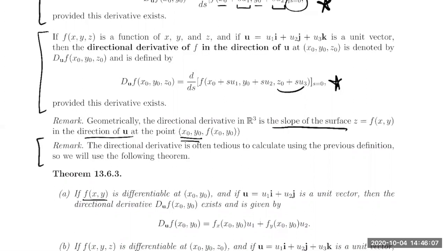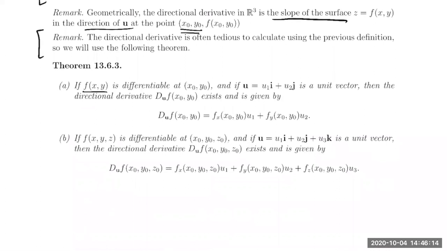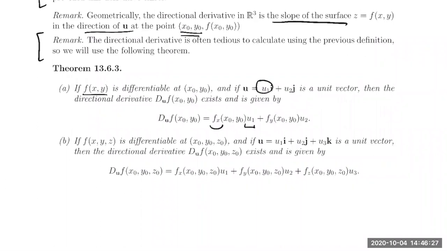All right, so this remark is just saying what I said earlier, that this previous definition is rather tedious, and so that brings us to this theorem. Theorem 3 says that if you have a differentiable function at a point and if you have a unit vector, then you can find your directional derivative by taking your partial with respect to x times the x component of your unit vector and then adding it to the partial of your function with respect to y times the second portion of your unit vector, all the while evaluating at the point in question that you would like to look at.